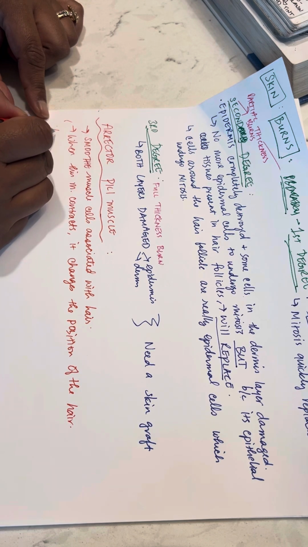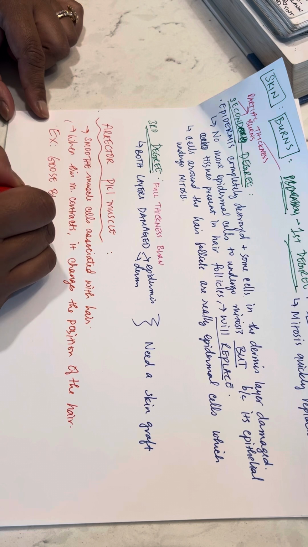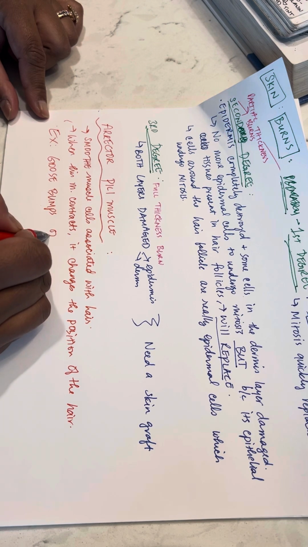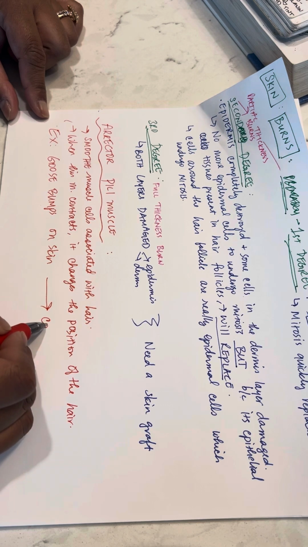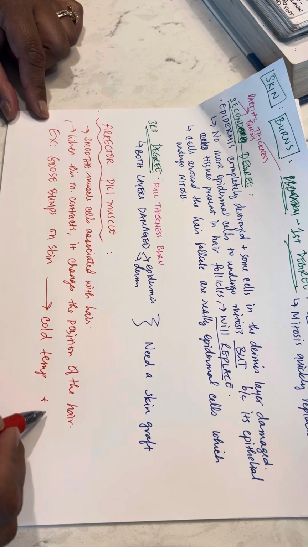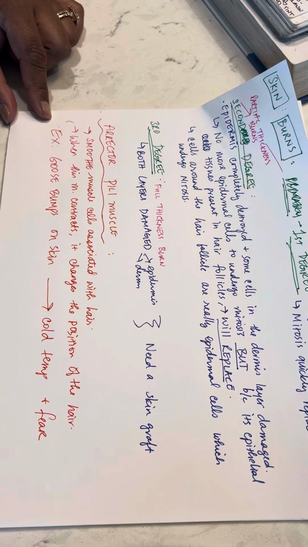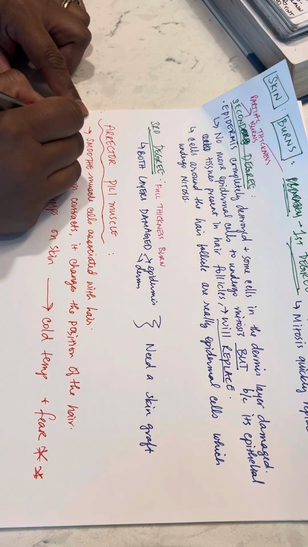So an example of this is goosebumps, okay? When do you get goosebumps? Cold temperature, and fear, okay? And this is an exam question, so you need to know this, okay?